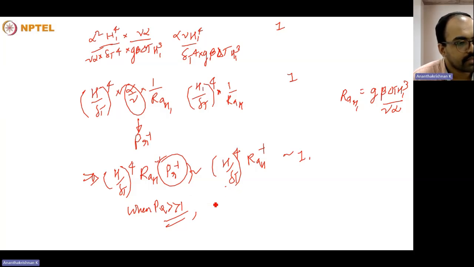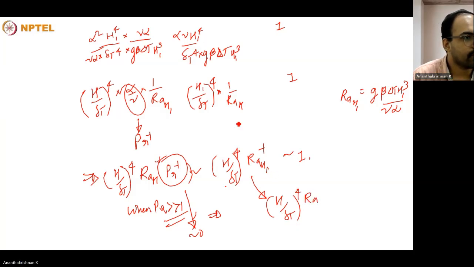So that means this approximately tends to 0, and in that case we could see that h by delta t raised to 4 Ra H1, I beg your pardon, this is H1. I tend to mix between H and H1, so it is H1, make sure, Ra H1 raised to -1 is of the order of 1.